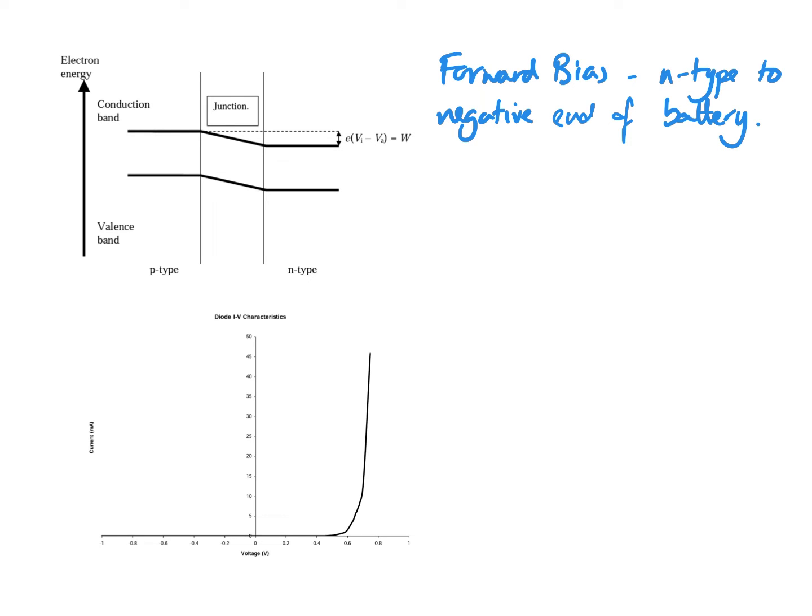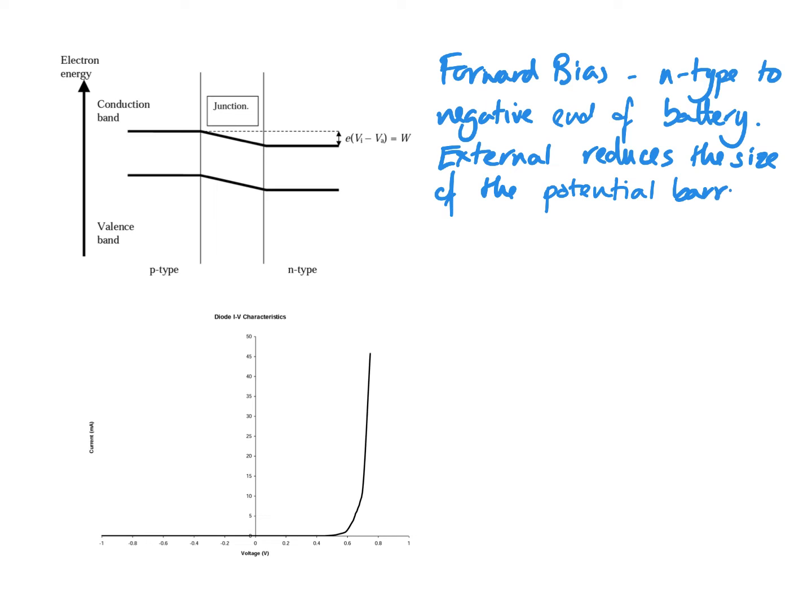So the external supply reduces the size of the barrier. And once that external voltage is greater than the built-in voltage that we saw for the unbiased one, then basically you no longer have a barrier at all, and you can have essentially free flow of circuit current.